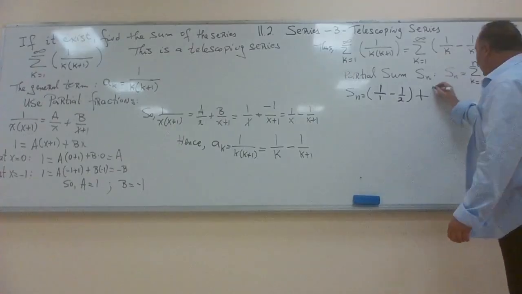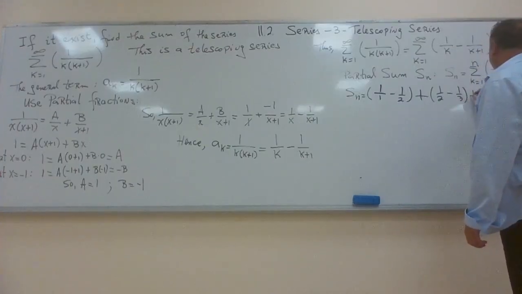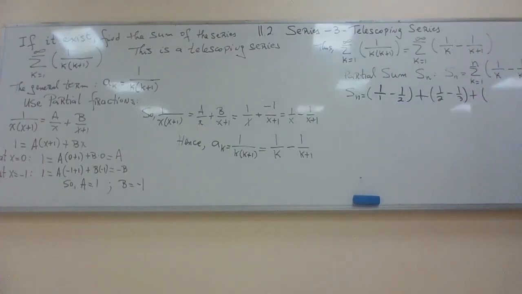So when k is equal to 2, I have 1 over 2 minus 1 over 3 plus. The next term, when k equals 3, I have 1 over 3 minus 1 over 4 plus. The next piece, number 4, I have 1 over 4 minus 1 over 5 plus 1 over 5 minus 1 over 6 plus, and we keep going.